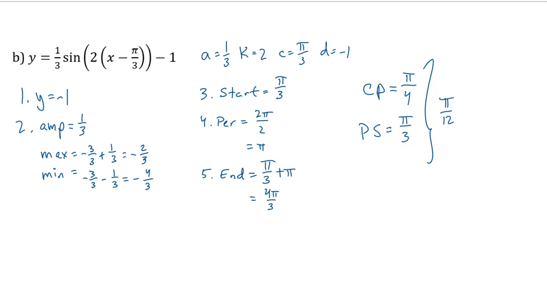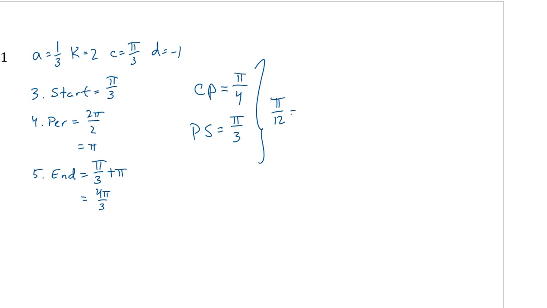If I make pi by 12 2 squares, I'm already 6 squares between critical points. I think we have enough space to do that, but I'm not going to. So I'm just going to say pi by 12 is 1 square. Therefore, we have 3 squares between critical points.